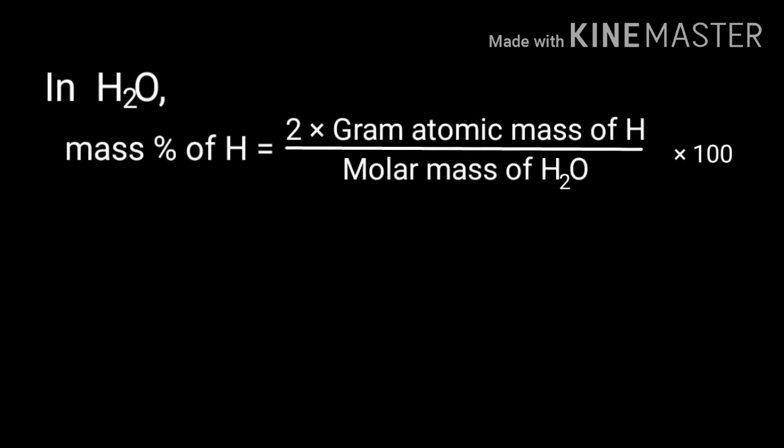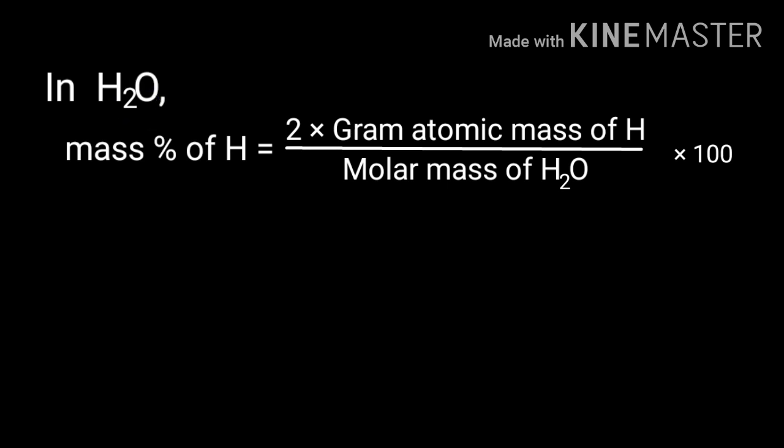For example, water. In water, the mass percentage of hydrogen is equal to 2 into gram atomic mass of hydrogen divided by molar mass of water into 100, because 1 molecule of water contains 2 atoms of hydrogen.